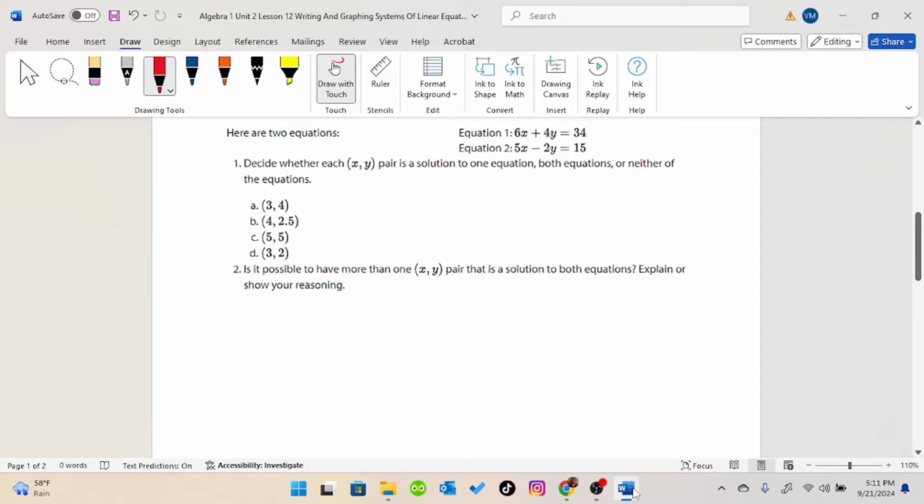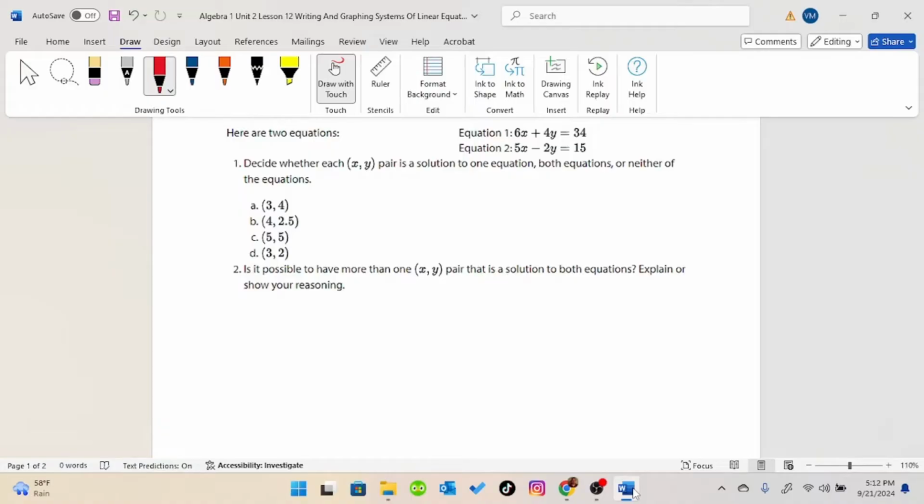Our next practice problem states, here are two equations. Equation 1, 6x plus 4y equals 34. Equation 2, 5x minus 2y equals 15.